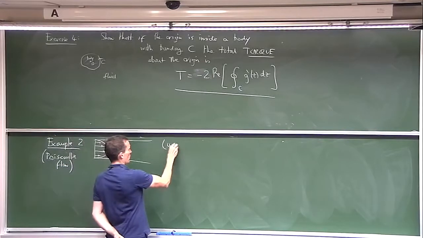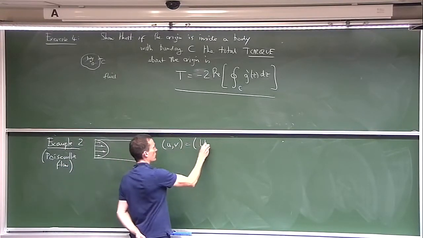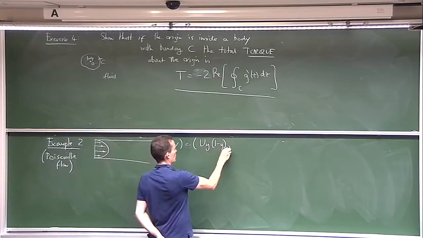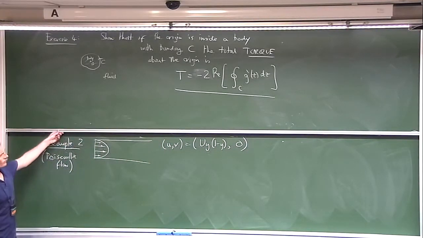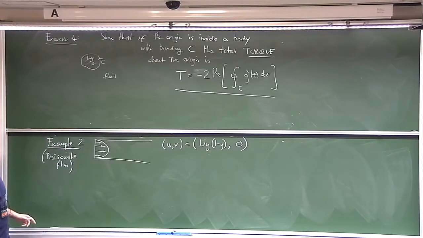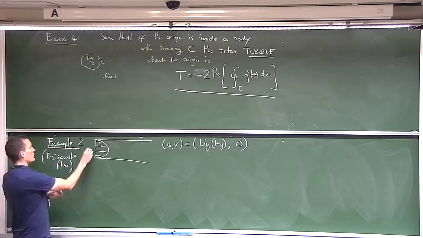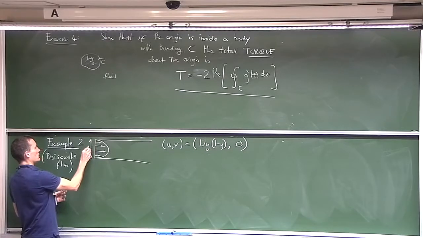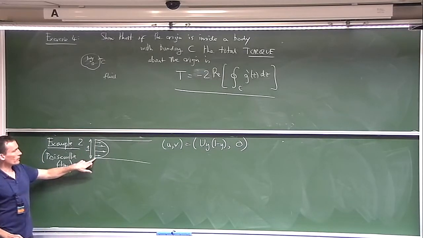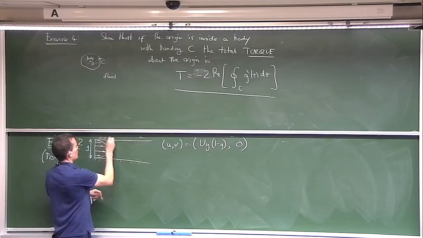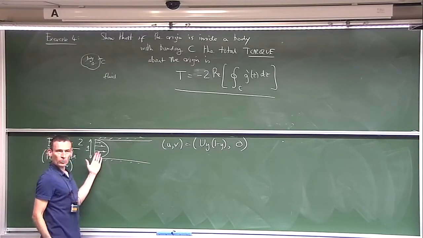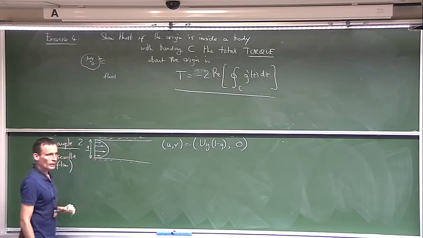So u, v is the following. Okay, so this is height. This is unit distance. Poiseuille flow for a channel. It's got to be no slip on the boundary walls. These are solid boundaries. Here it is. It's got this parabolic profile. Let's find f and g.